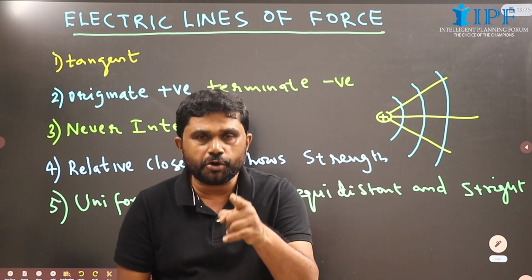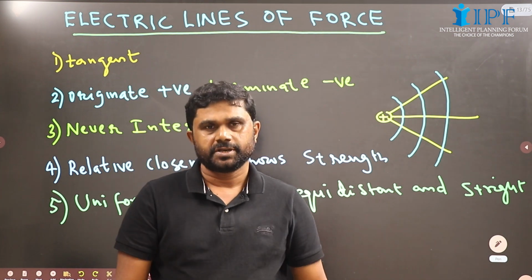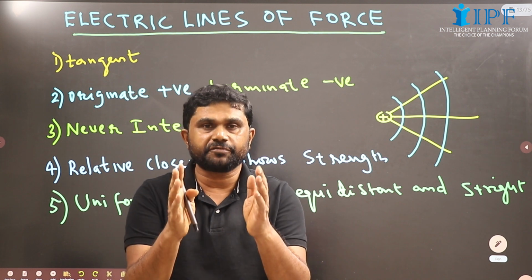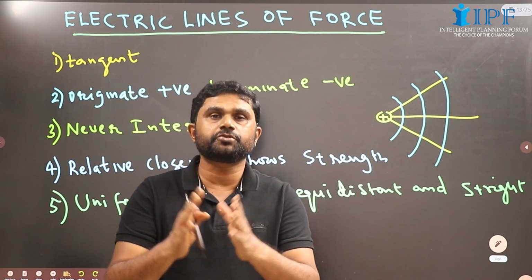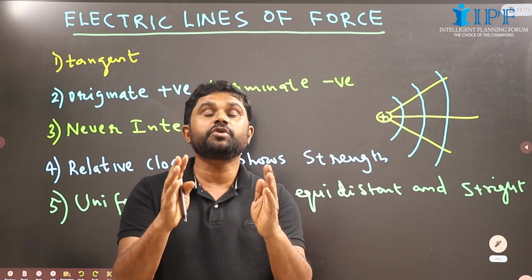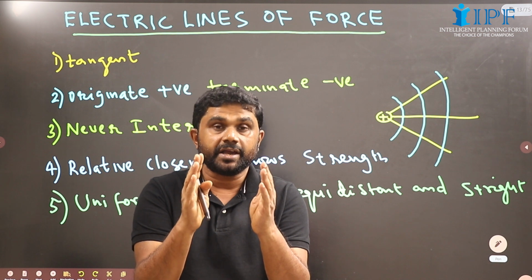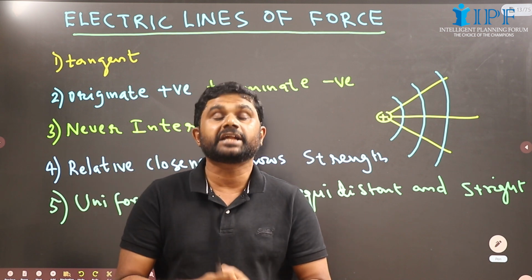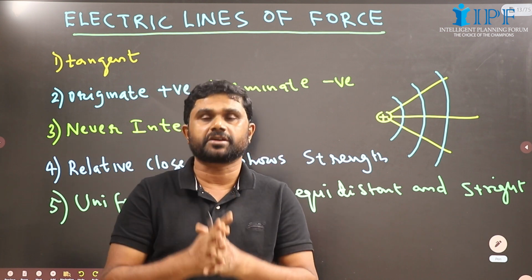The direction of the electric lines of force will give you the direction of the field. So if there is a uniform electric field, this electric field being a vector, direction must be constant, magnitude must be constant. So in a uniform electric field, the electric lines of force must be equidistant so as to keep the magnitude constant, and they should be straight in order to keep the direction constant.